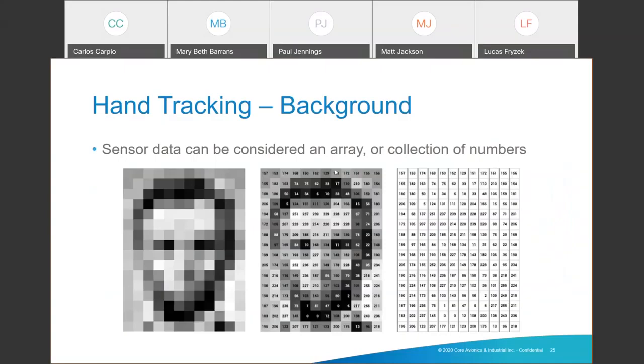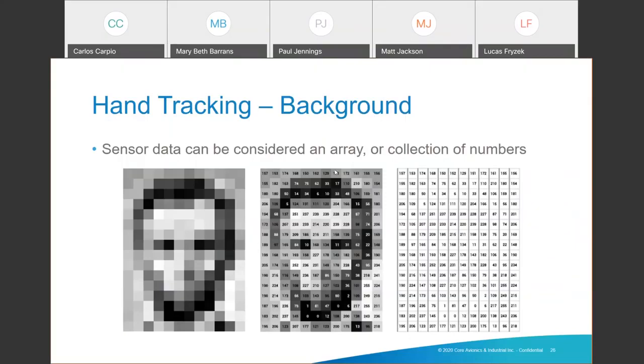A little bit of background to illustrate how a lot of this is going to work: a CMOS sensor will typically give you data in the form of numbers that represent an image coming from the sensor.